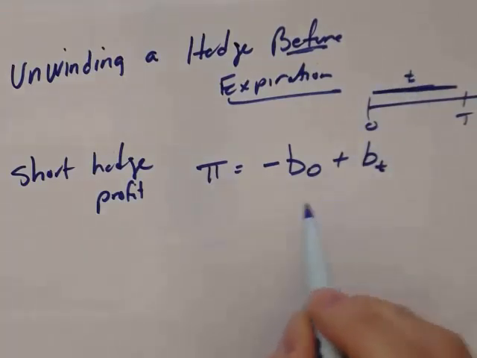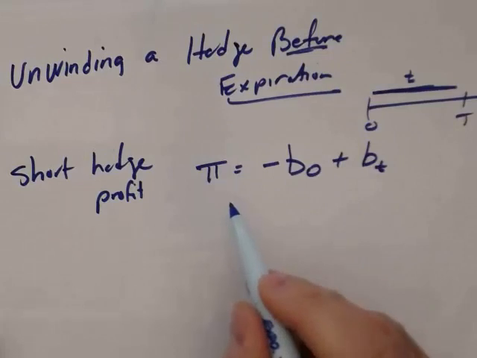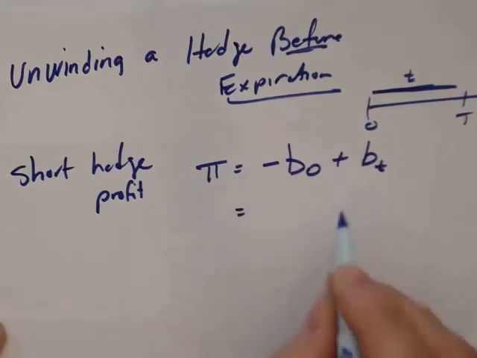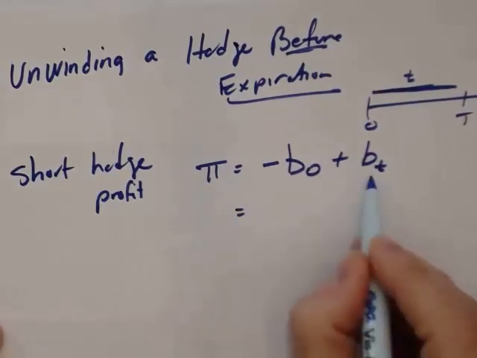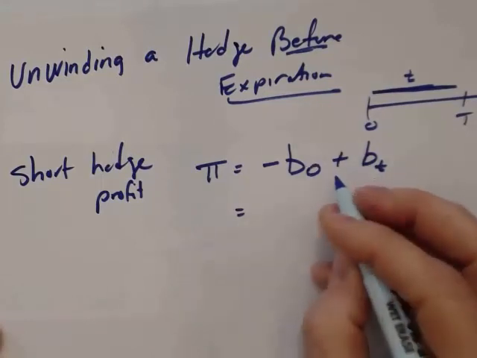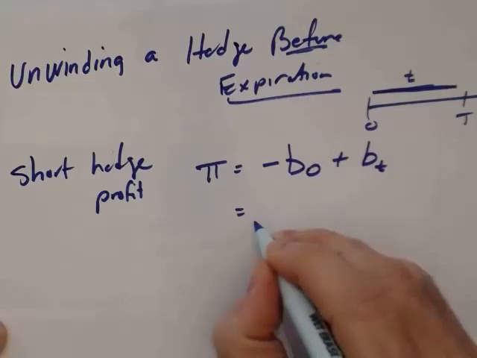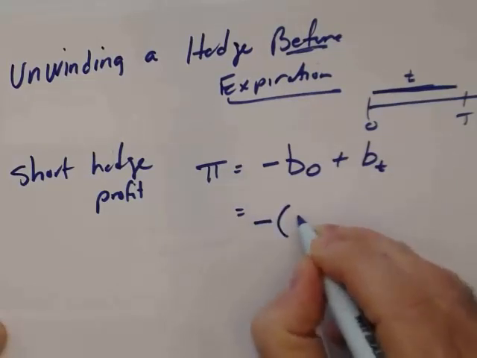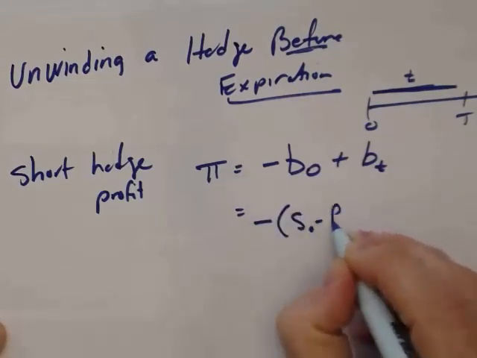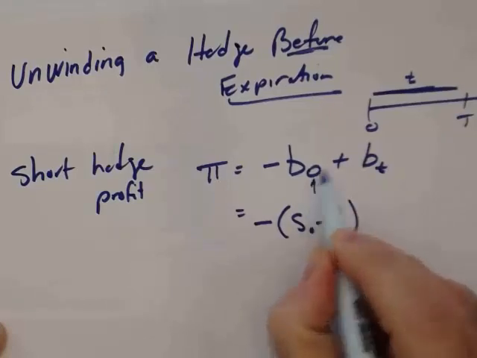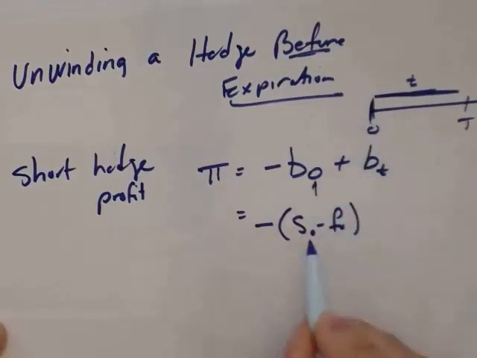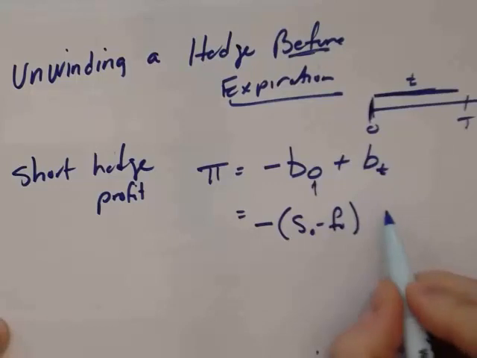And so your profit boils down to basis. This is basis risk. So what does that mean? Well, this can be written as the spot minus the futures at time 0 when you put the hedge on. That's this accounting.